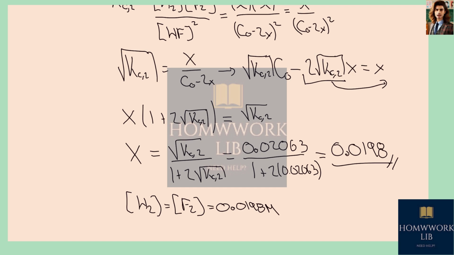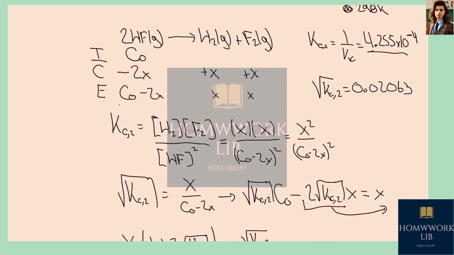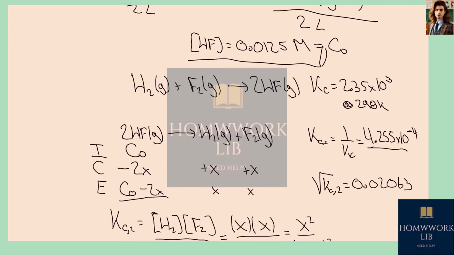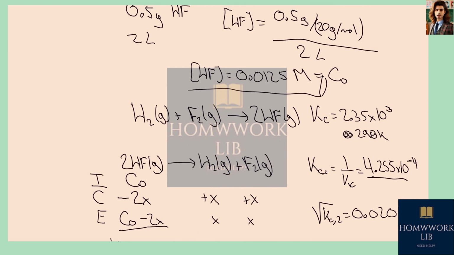But we're asked about the concentration of HF, and the only thing that we need to do is C0 minus 2x. Concentration of HF is equal to C0 minus 2 times x. My initial concentration, we said that was 0.0125.